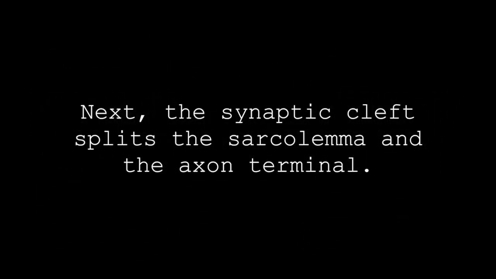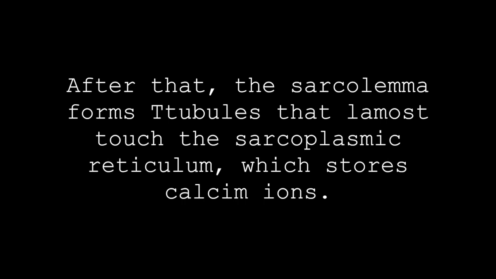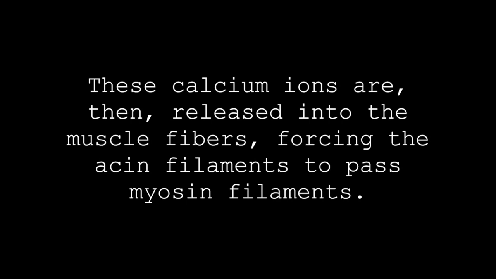Next, the synaptic cleft splits the sarcolemma and the axon terminal. After that, the sarcolemma forms T-tubules that almost touch the sarcoplasmic reticulum, where calcium ions are stored. These calcium ions are then released into the muscle fibers, forcing the actin filaments to slide past myosin filaments.